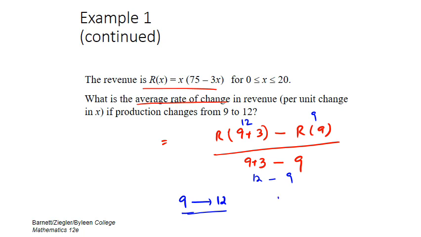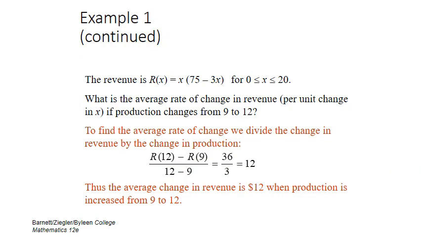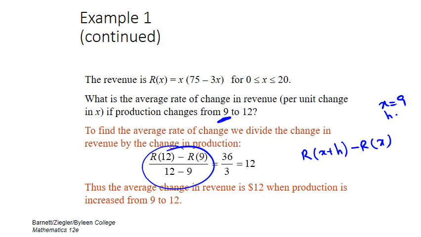Now, we are producing x bottles. If I write the same thing in function form, x is 9, and from 9 we increased it by 3, so we write h as 3: r of x plus h minus r of x, where x is 9 and h is 3, so x plus h is 12, which is given here. For the average change we subtract 12 minus 9.